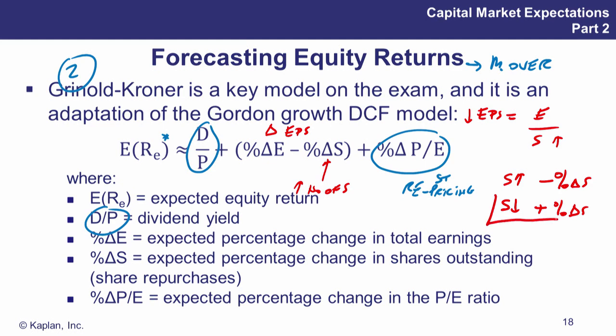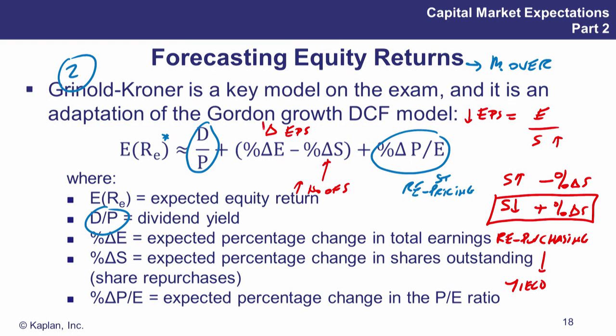So guys, this is often what's tested in the exam here. You might be told they are repurchasing shares. And you're often told that by a repurchase yield. Guys, you're given a repurchase yield in the question. So if they're buying back some shares, the number of shares is actually going to be falling and your earnings per share is going to be rising.